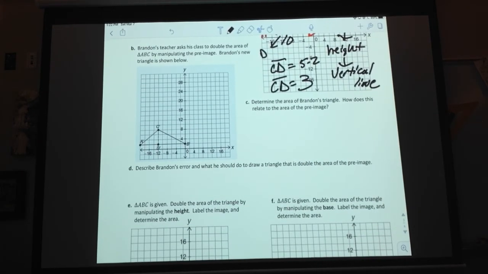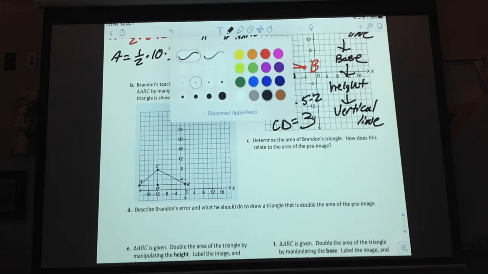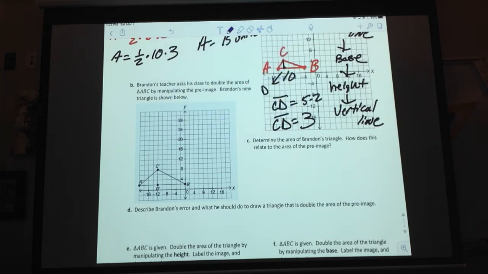Brandon's teacher asked his class to double the area of triangle ABC by manipulating the pre-image. Brandon's new triangle is shown below. So remember, if I start with an image, doesn't matter if it's a triangle, a square, a rectangle, whatever, the first image is called a pre-image.